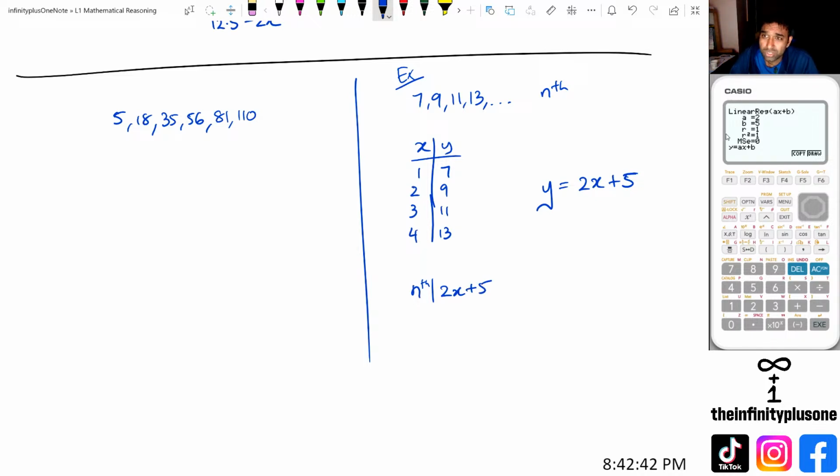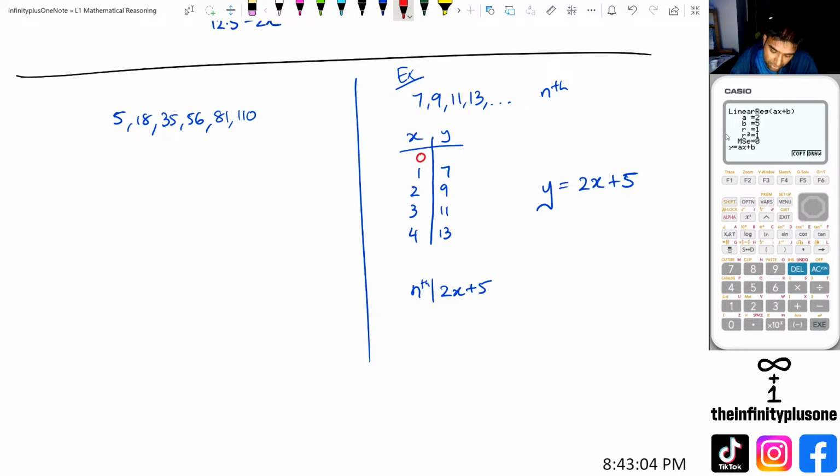Now, if you want to do this without the calculator, all you have to do is a couple of extra steps. And for the extra steps, I'm going to do it in a different color. The first thing is you try and figure out what 0 is going to be.